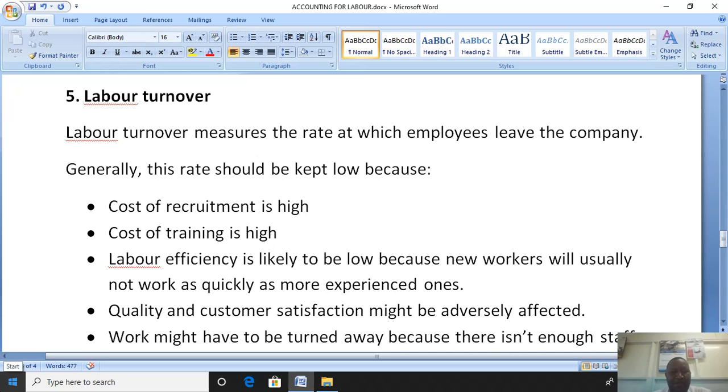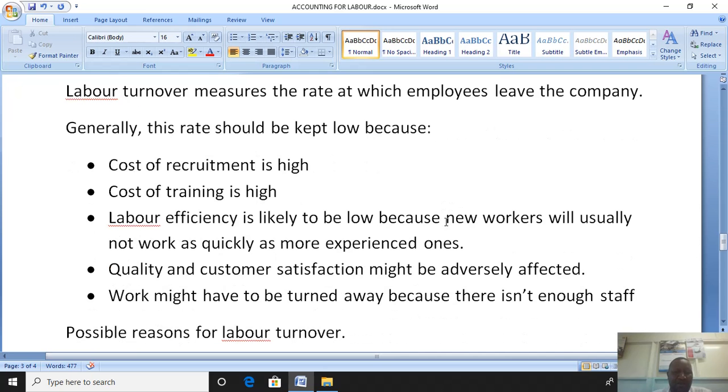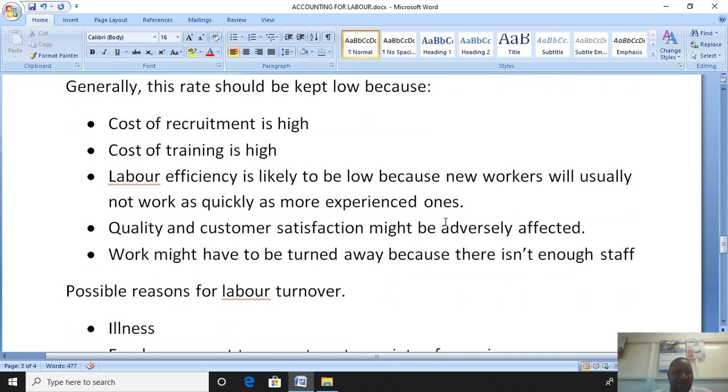So if the company keeps on renewing workers, the company will always have that challenge of workers trying to get experience, trying to become more efficient than before. The quality and customer satisfaction might also be affected because new workers may not know how to handle customers and things like that.